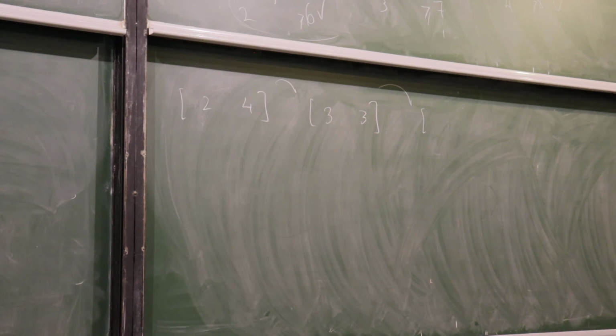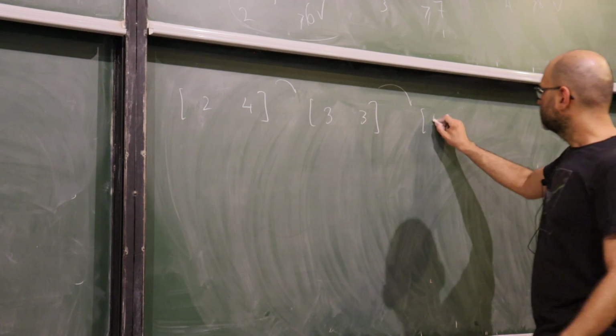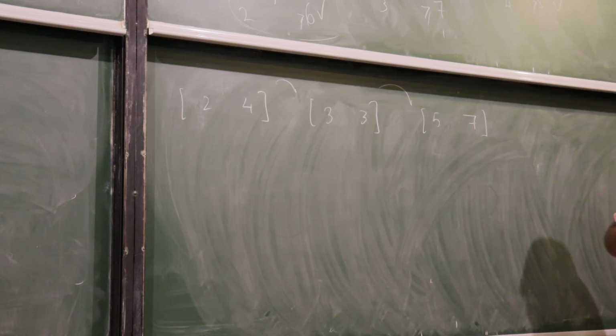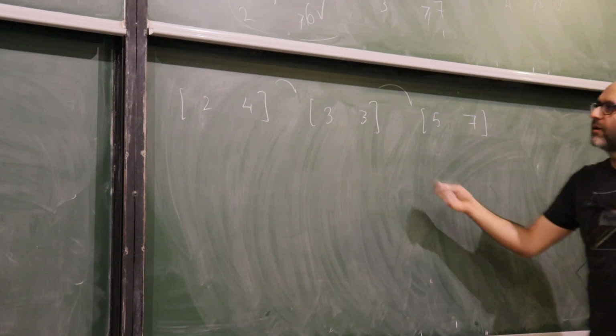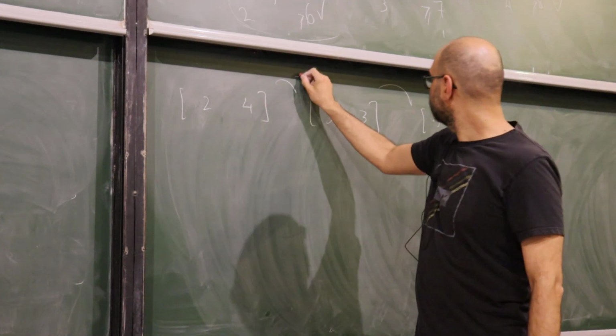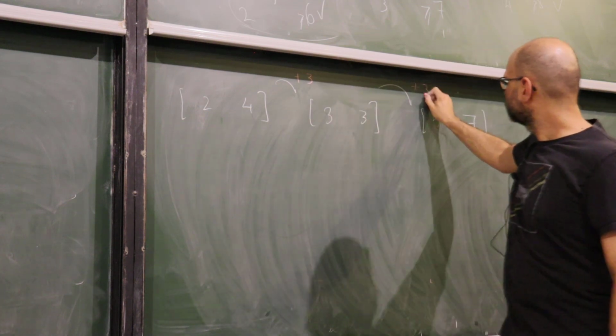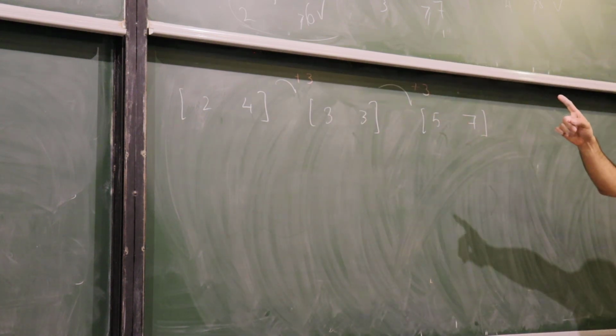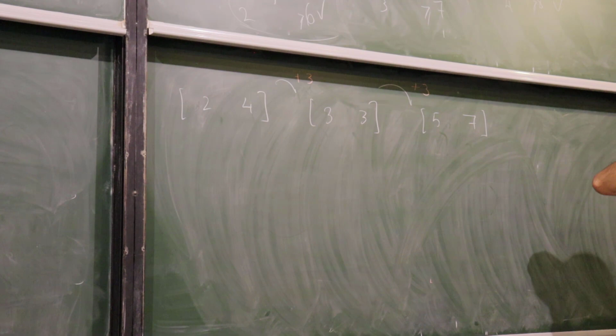Did I forget my own stuff? Five and 7, yes. So every time we make the weight of this pair 3 more. Is that right? 6, 9, no?